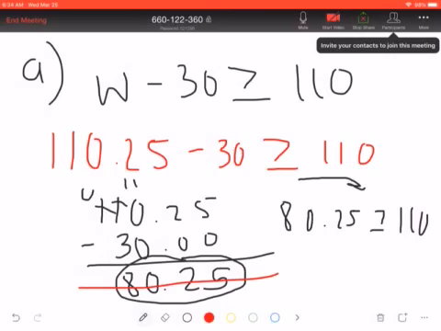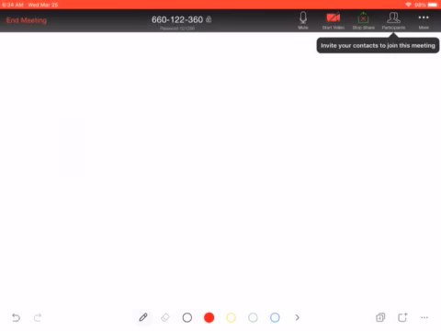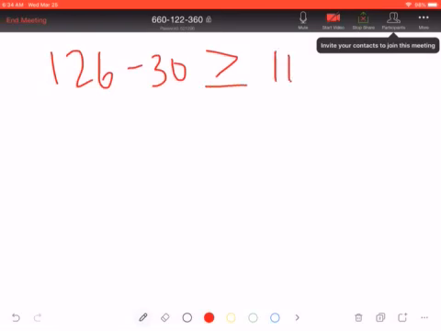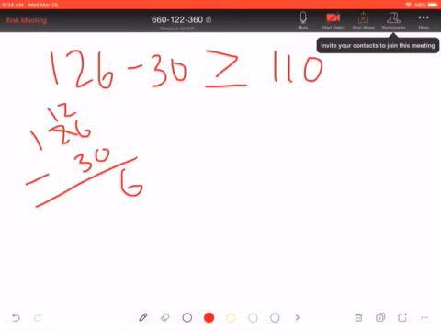You got to keep testing the rest now. So let's plug in the next one. So our next one was 126. So we're going to plug in 126 minus 30. Is that greater than or equal to 110? So we'll solve that. 126 minus 30, 96.